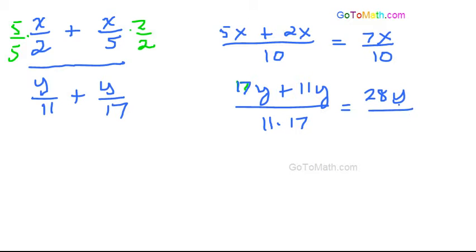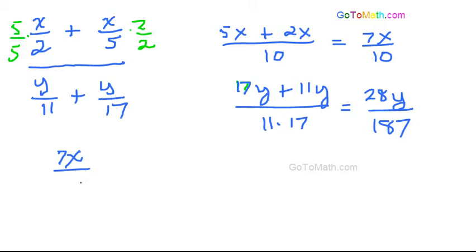y, that doesn't look like a y, does it? That's right, that looks a little bit more like a y. And then 11 times 17, and we get 187. Alright, so let's rewrite this over here.